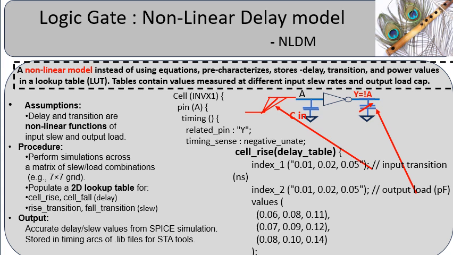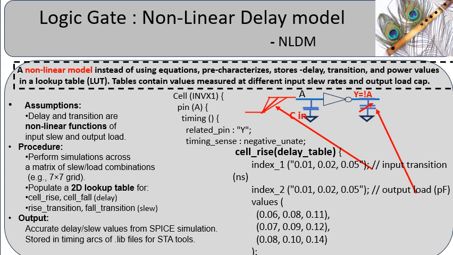A table lookup model is built by simulating a logic cell, like a CMOS inverter, across a range of input transition times and output load capacitances to create a 2D matrix of delay and output slew values. The steps involved in creation of TLM are as discussed below. Define the sweep parameters: select discrete values of input slew and select discrete values of output load.